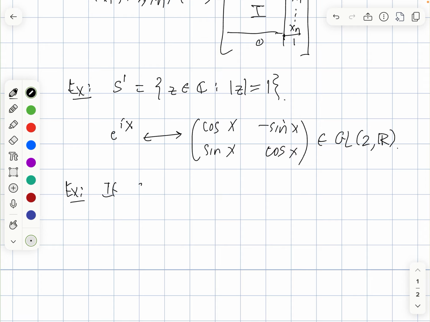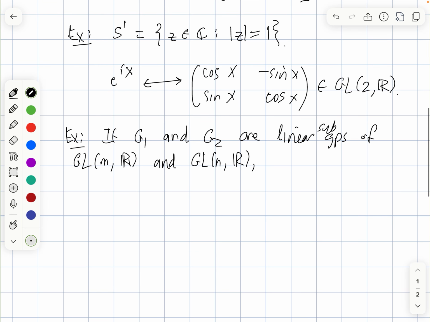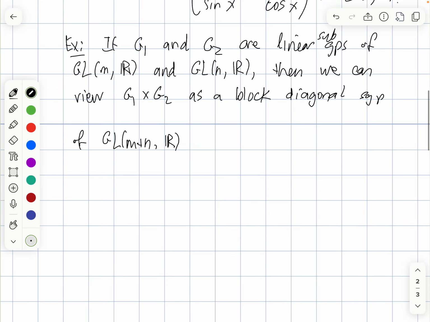So if G1 and G2 are linear groups, just subgroups of, say, GLMR and GLNR, then we can view G1 cross G2, the direct product, as a block diagonal subgroup of GL M plus NR by putting G1 on the top left and then G2 on the bottom right and then 0, 0 everywhere else.